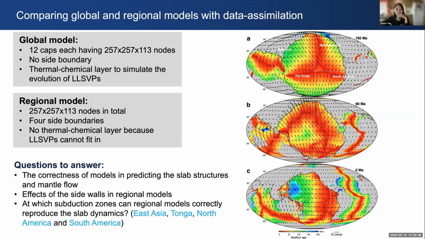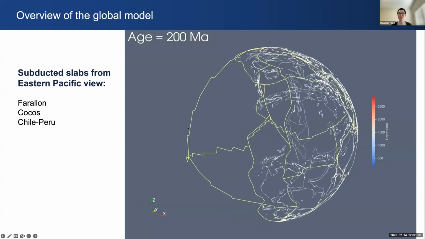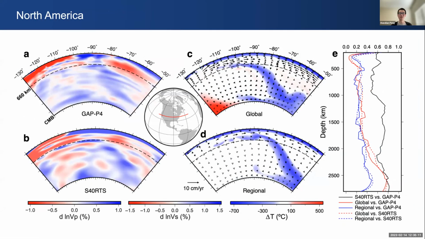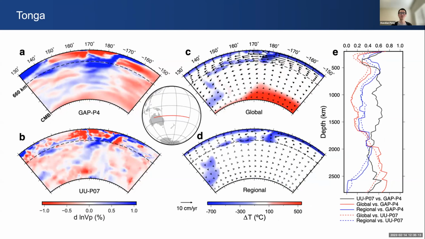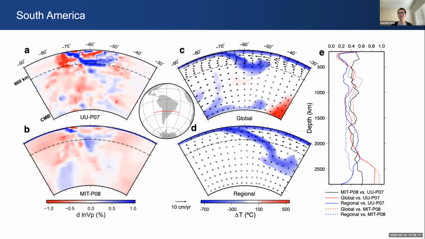Then could those thermochemical layers also play a critical role together with the side walls? Yeah, that's possible. I use the South American slabs as an example. This is the global model. This reddish area shows the hot anomalies. This is the LLSVP. It's not in the regional model.